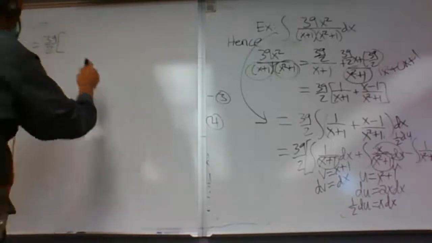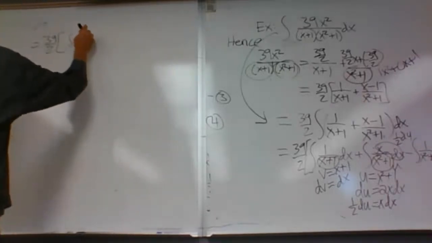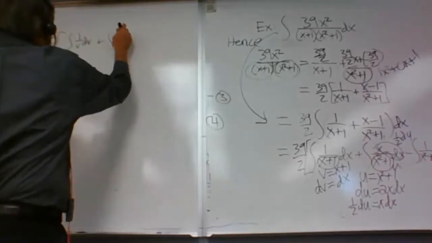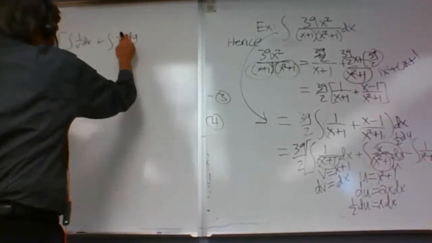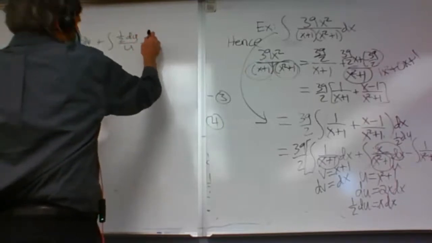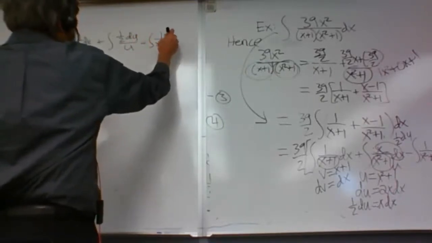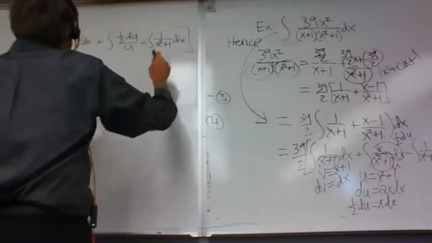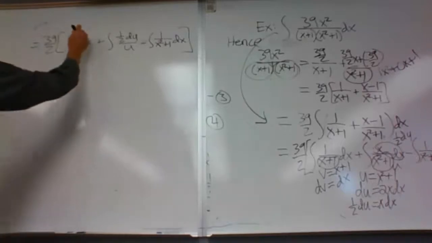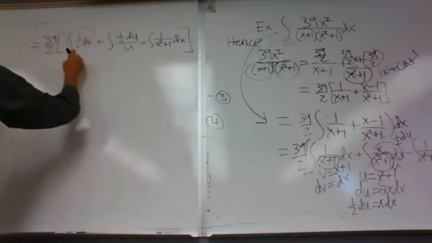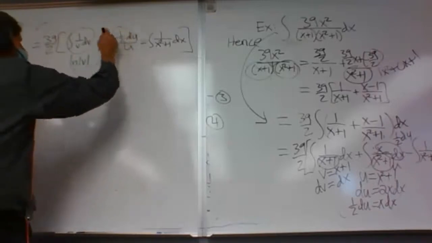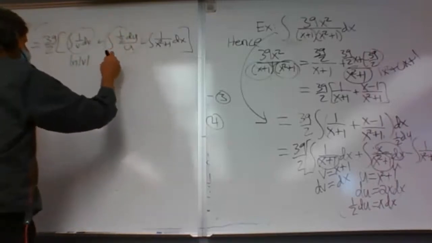All right, I've got 39 halves times integral 1 over v dv plus integral 1/2 du over u minus integral 1 over x squared plus 1 dx. Now this one here is just natural log absolute value of v plus a constant.